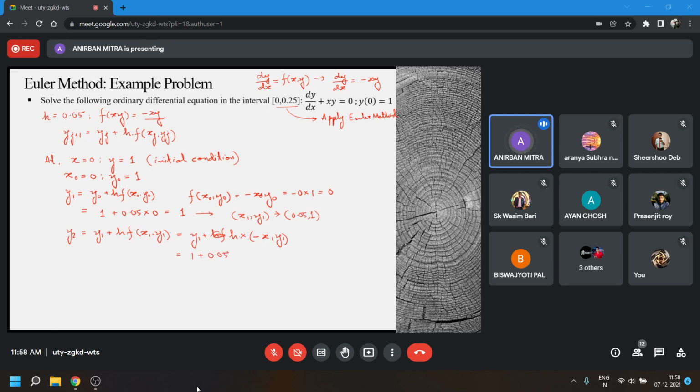This is 0.05. What is x1? x1 we have got here. So if you calculate this, it's probably going to come out as 0.9975. So that gives us y2.